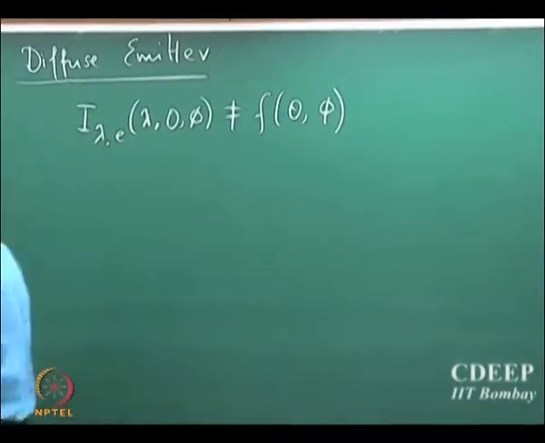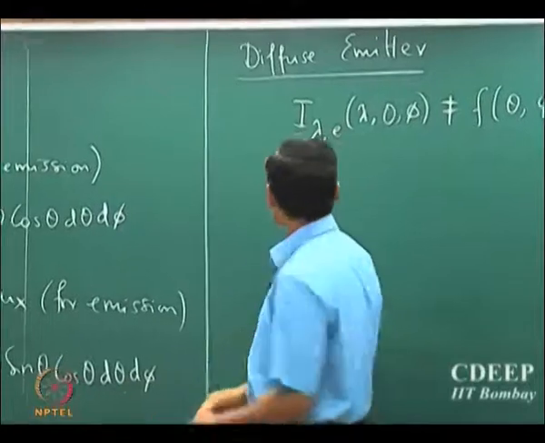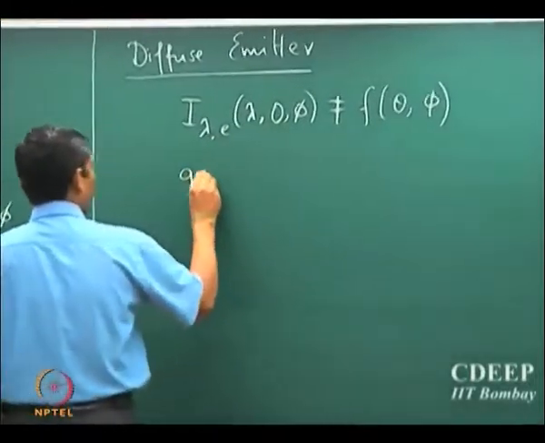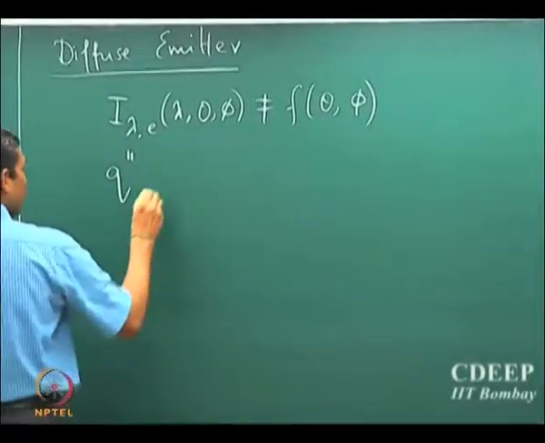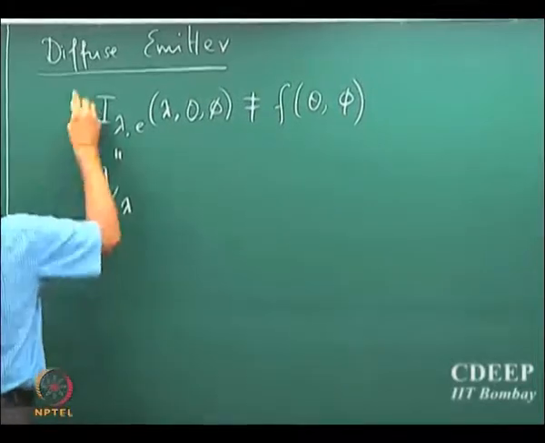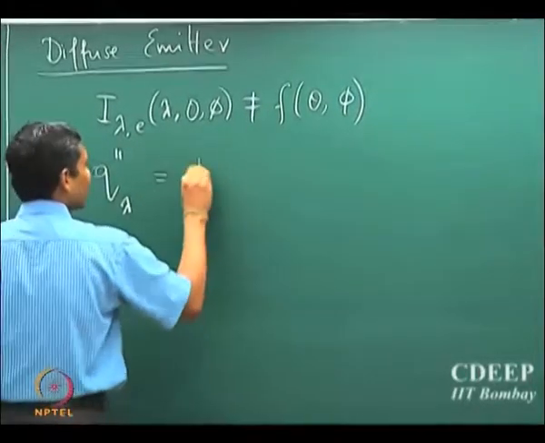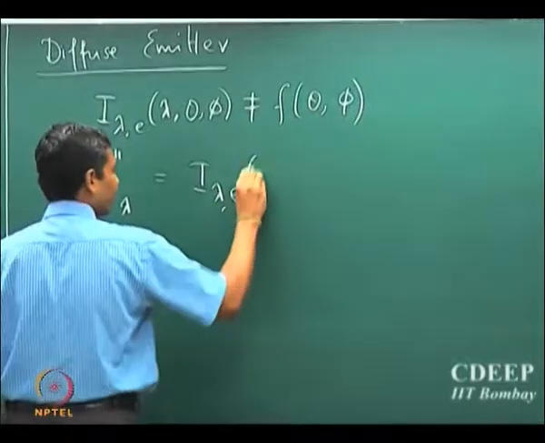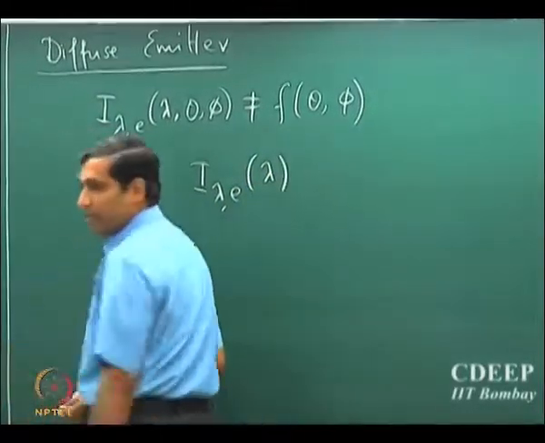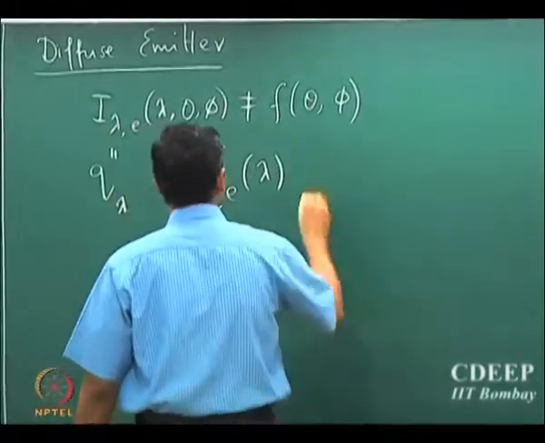So, now if we plug that into this expression, we will get q double prime lambda for a diffuse emitter, I lambda comma e, which is only a function of lambda and of course temperature.